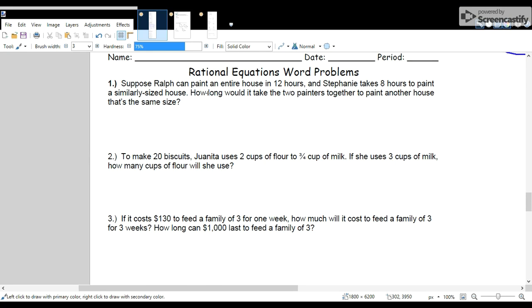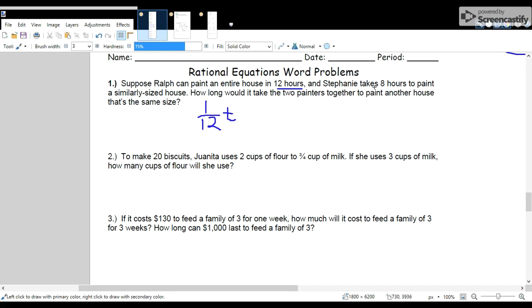Suppose Ralph can paint an entire house in 12 hours, and Stephanie takes 8 hours to paint a similarly sized house. How long would it take the 2 painters together to paint another house that's the same size? Well, Ralph could paint the house in about 12 hours, so that'd be 1/12 of some time.